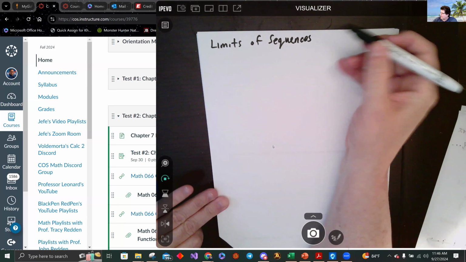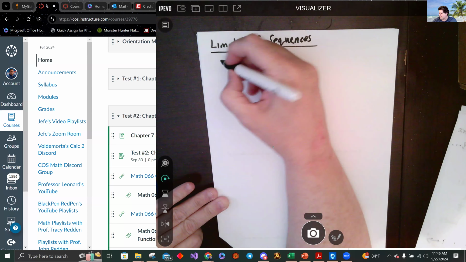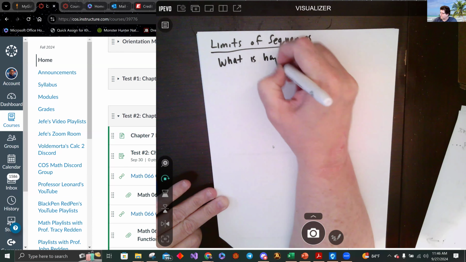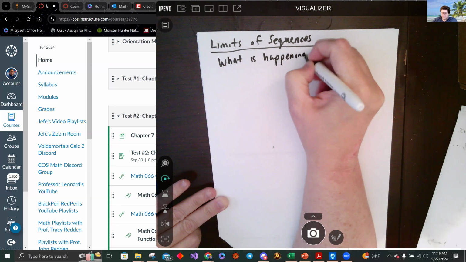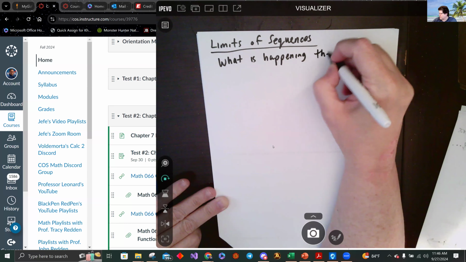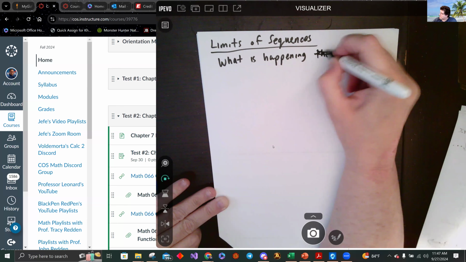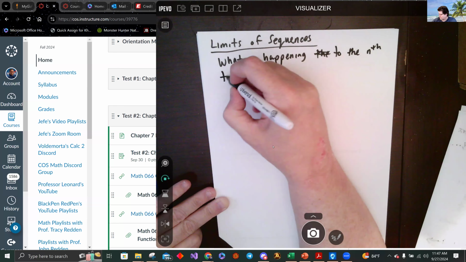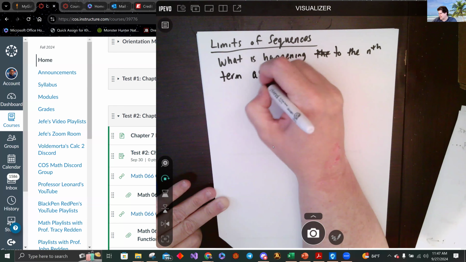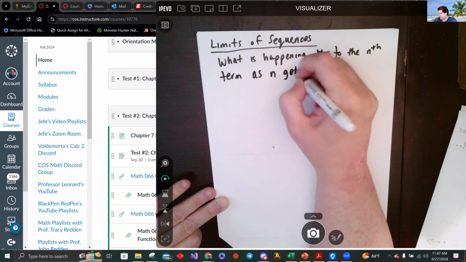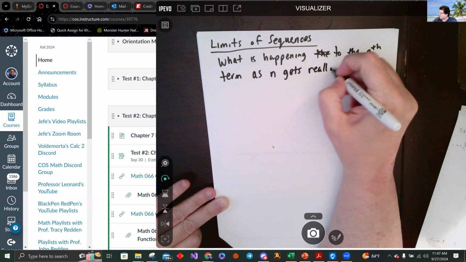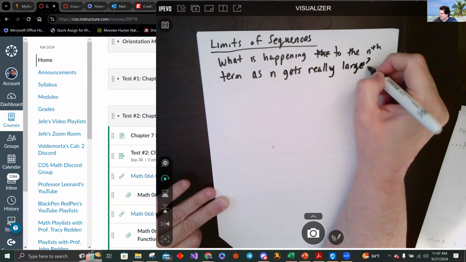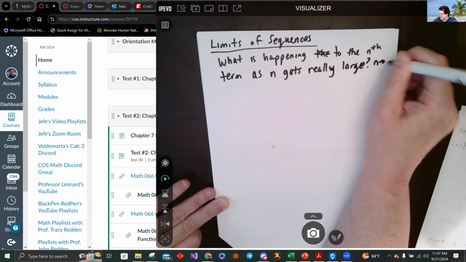And what is really going on here is what we're asking is what is happening to the nth term as n gets really large, i.e. as n goes to infinity.